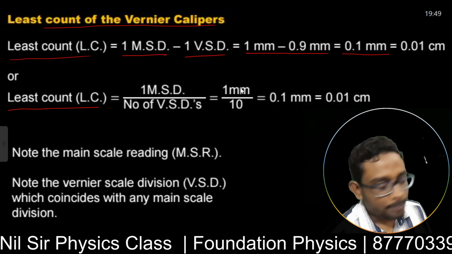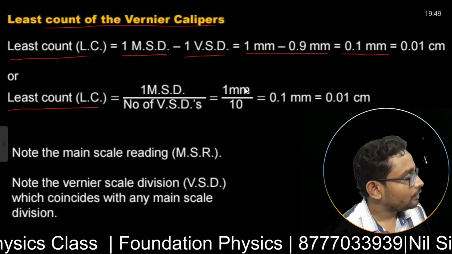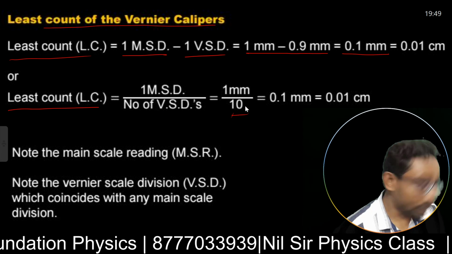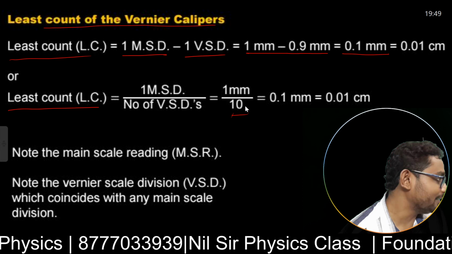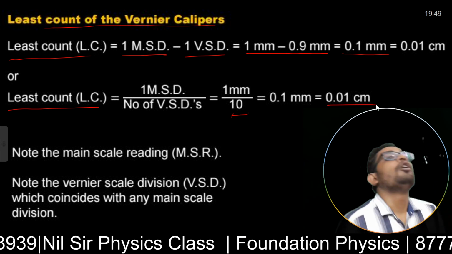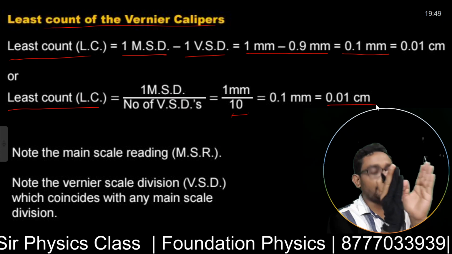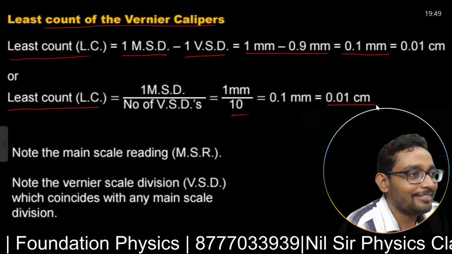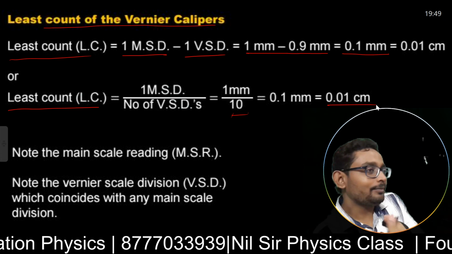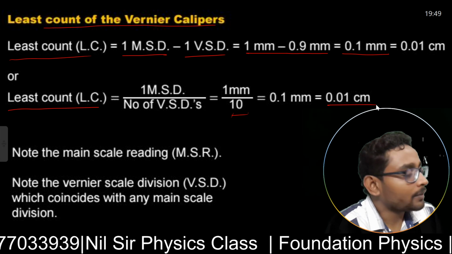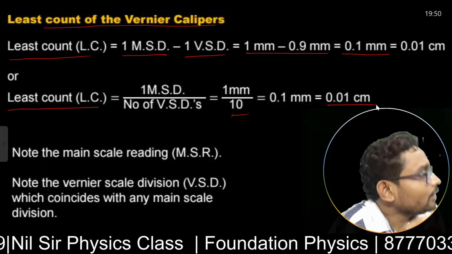So 1 main scale division is 1 millimeter. What is the total number of vernier divisions? 10 here. A vernier scale which has 20 divisions will have least count 1 by 20. Am I correct? It will be 1 by 20.